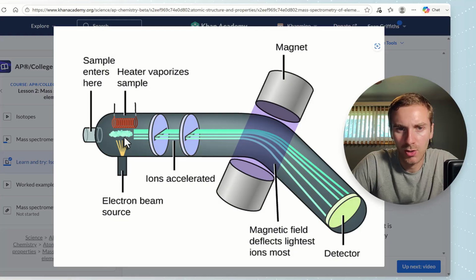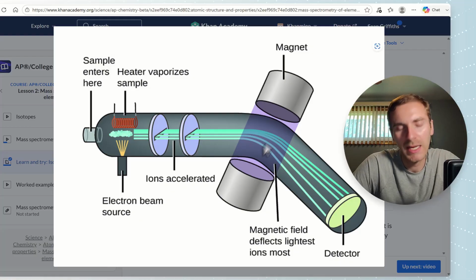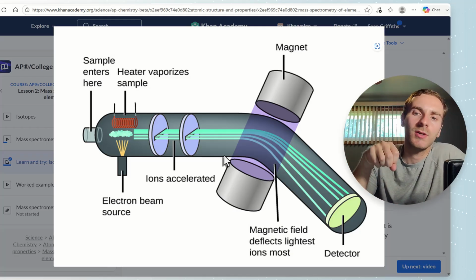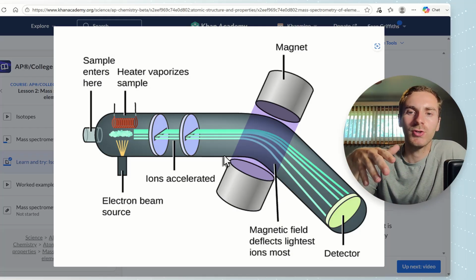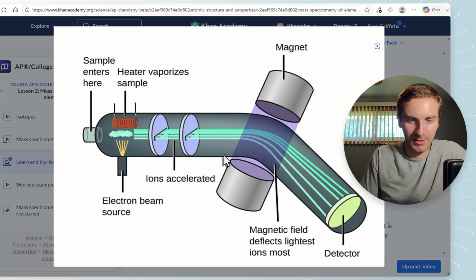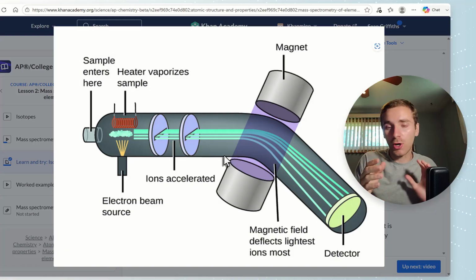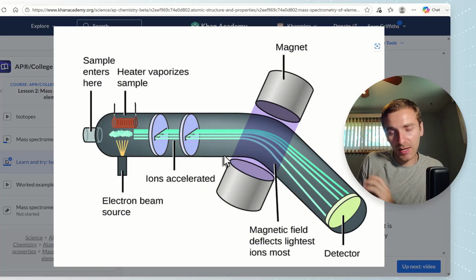Then the ions are propelled forward and they encounter a magnetic field, and a magnetic field causes a moving charge to experience a force that causes it to deflect. The more charge it has, the more it's going to deflect.